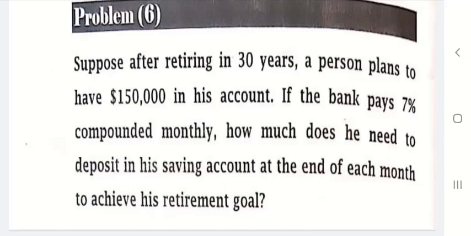In this example, we don't have R, we have S sub n, which is equal $150,000, and the total time here is 30 years, and the nominal rate 7%, and it's compounded monthly, so M will be equal 12 and I will be equal 7% over 12.